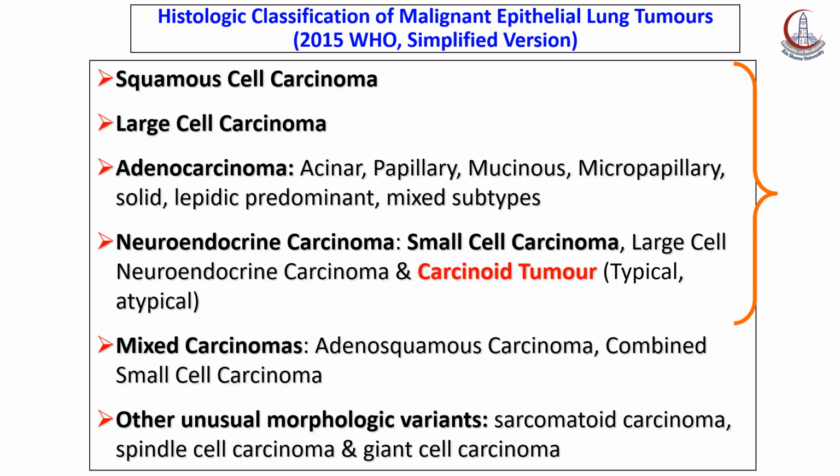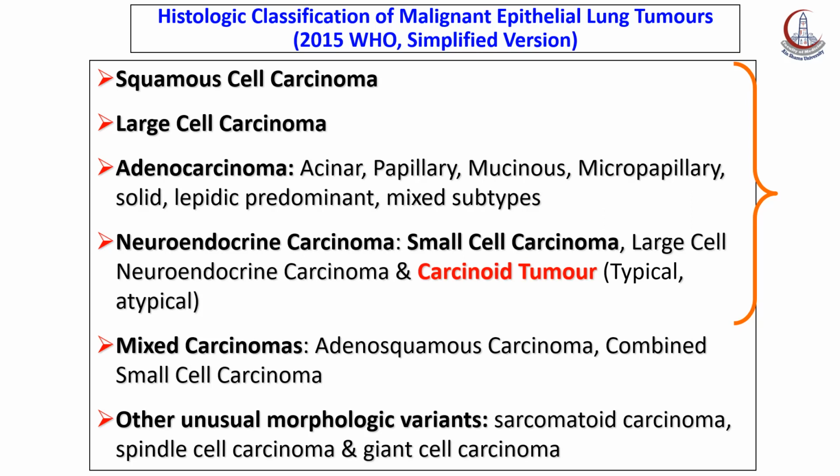The histologic classification includes squamous cell carcinoma, large cell carcinoma, and adenocarcinoma with different patterns like acinar, papillary, mucinous, micropapillary, solid, lipidic predominant, and mixed subtypes. Also neuroendocrine carcinoma, including small cell carcinoma, large cell neuroendocrine carcinoma, and carcinoid tumor.